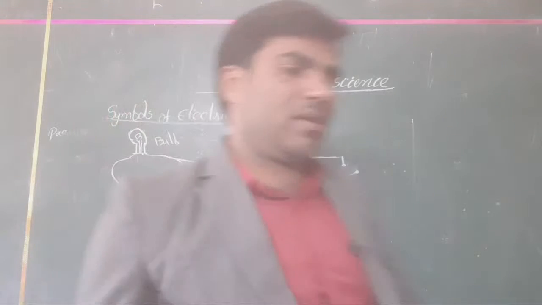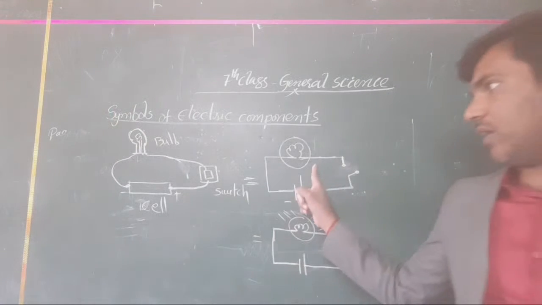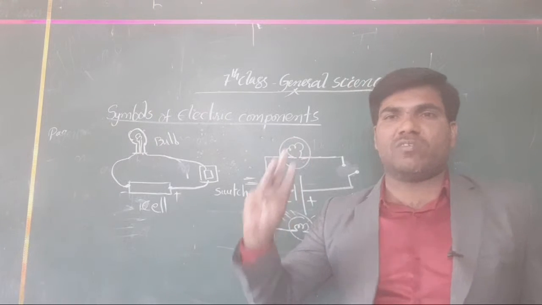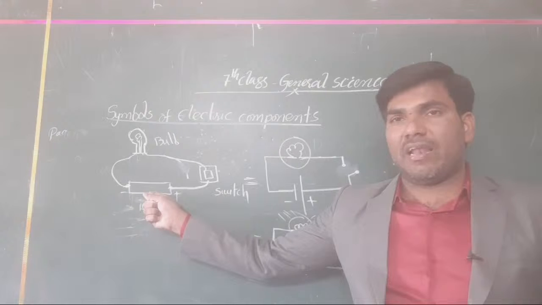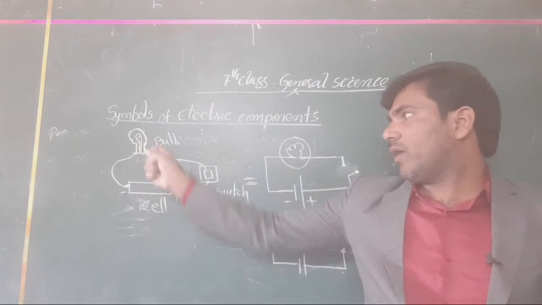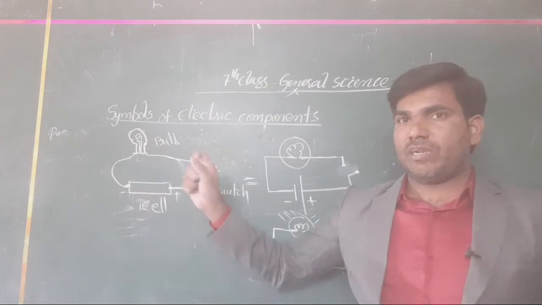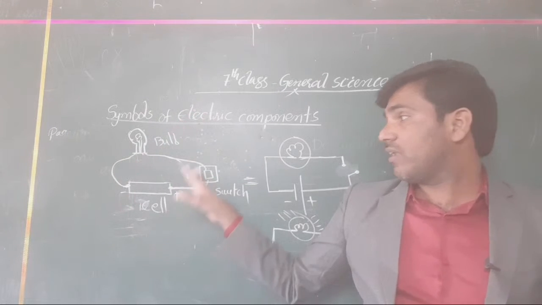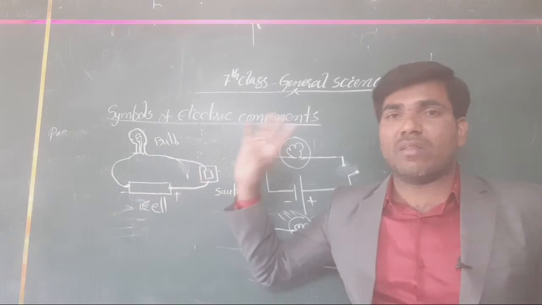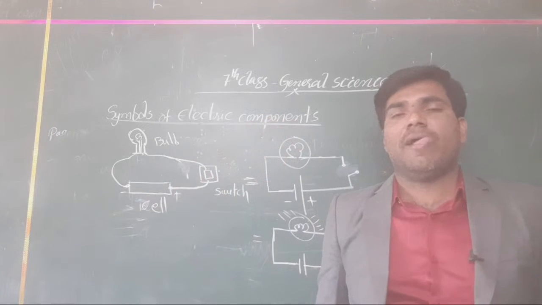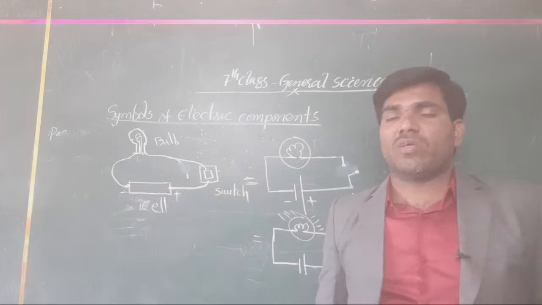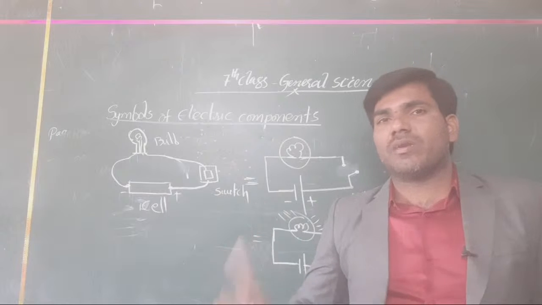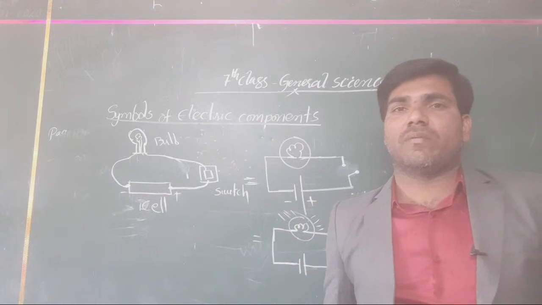Let us check our electric circuit: what is there? In our electric circuit, three components are compulsory. One is a cell, another is a bulb, another is a switch, and also a wire. What three things are compulsorily required? One is the electrical source, another is an electrical connector, another is an electrical consumer.